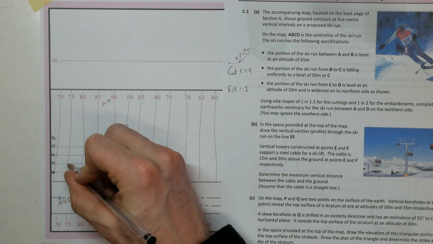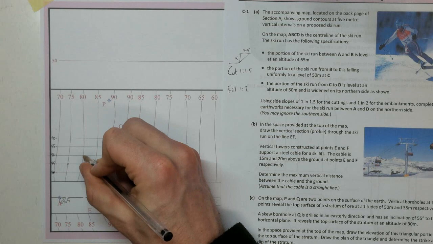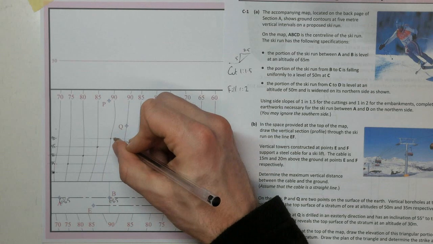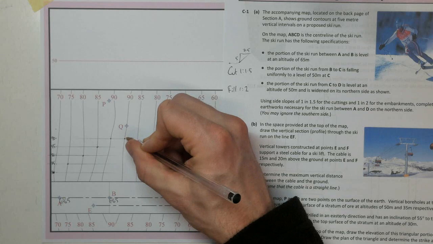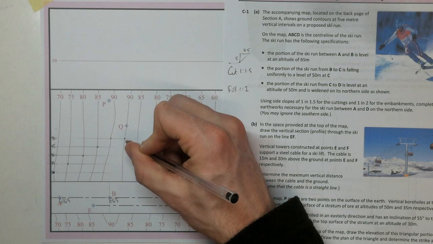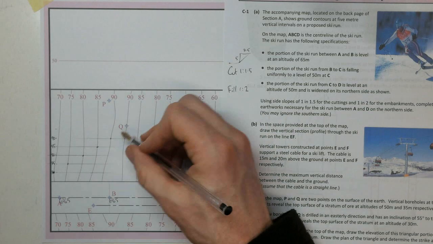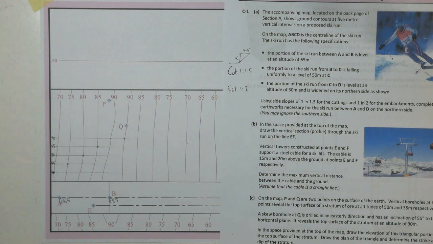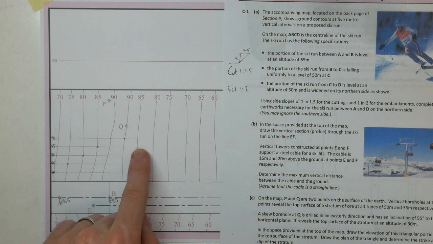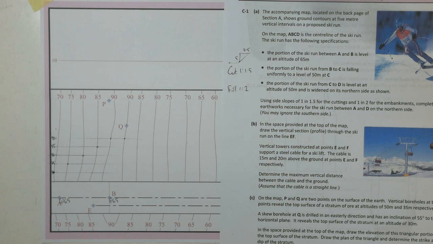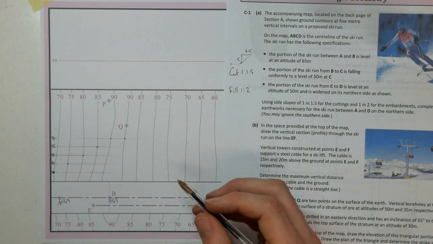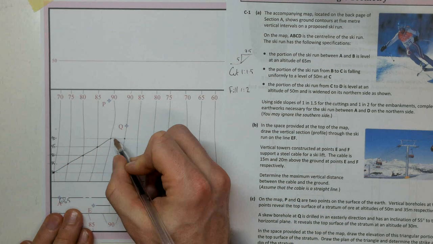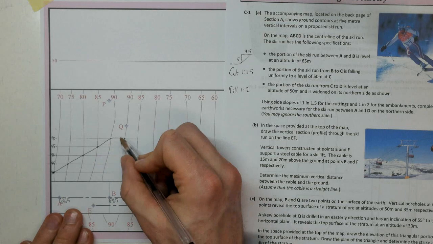Then we've got 75, 80, 85, 90, and 90 again. So that should do us as far as B. If we need to, we can always extend on to find a point there at the 85 contour. So let's draw that in heavy.